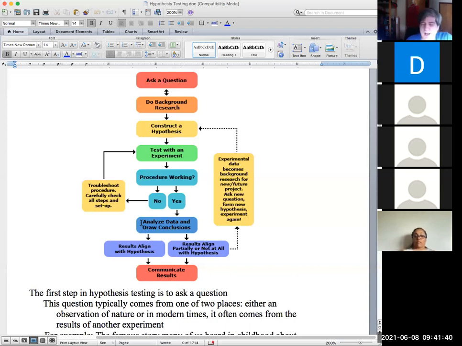And some hypotheses in history have been tested hundreds or thousands of times. So for instance, earlier we mentioned something called Newton's law of universal gravitation. And his law of universal gravitation was tested in hundreds of different experiments.